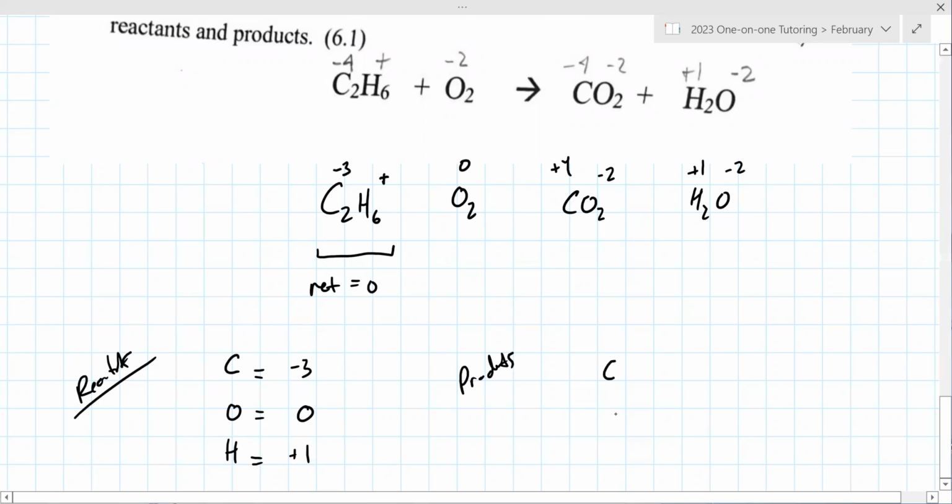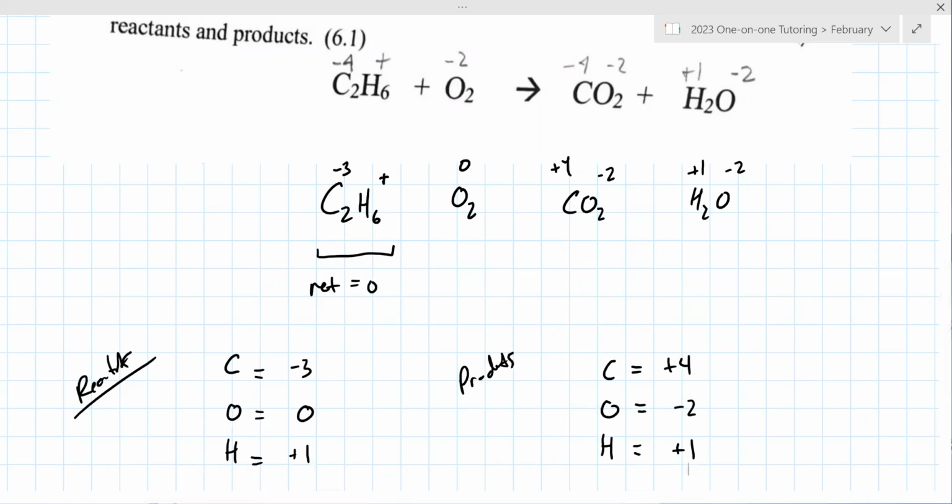Yeah, COH. So the C is +4, the O is -2, and the H is +1. The real numbers should be -3, -3, 0, +1, or -2, 1.